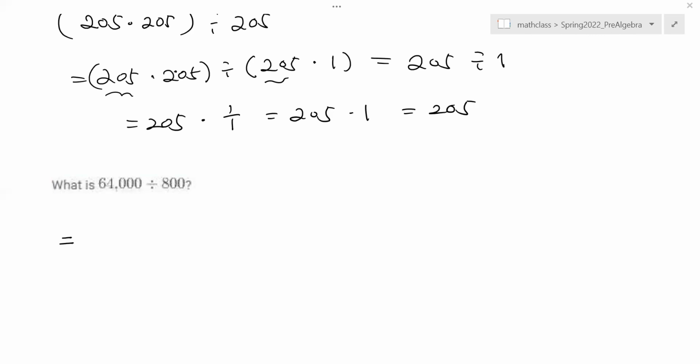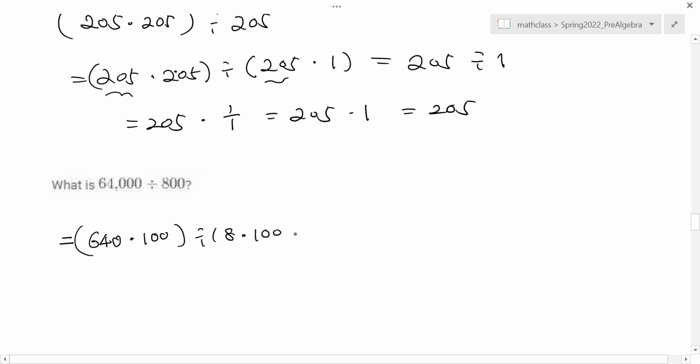You can cancel it out, right? What I'm going to do is multiply by 100 and divide by 8 times 100. So 100 is a common factor, and now all the 100 can be gone.